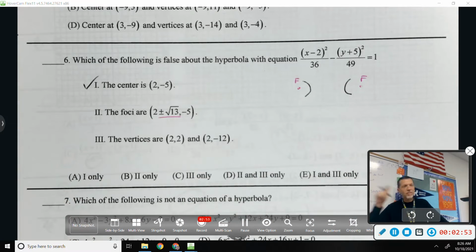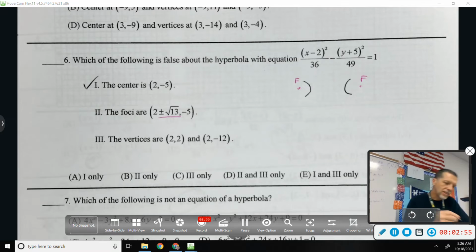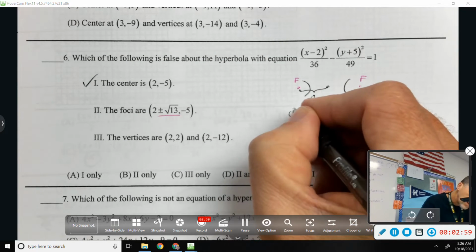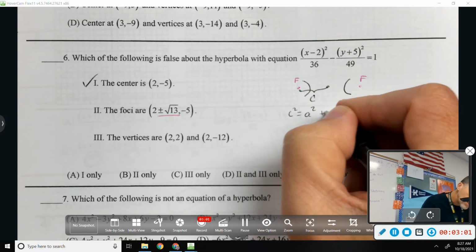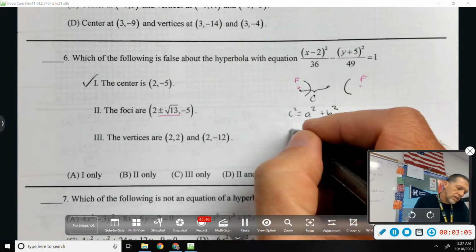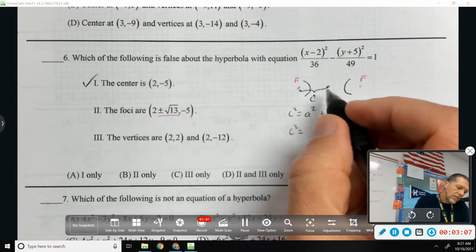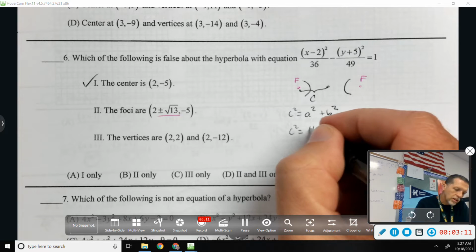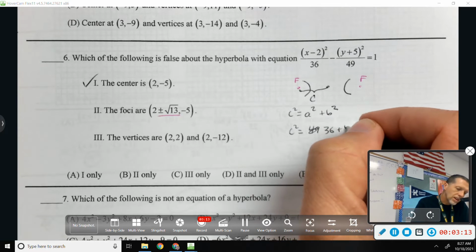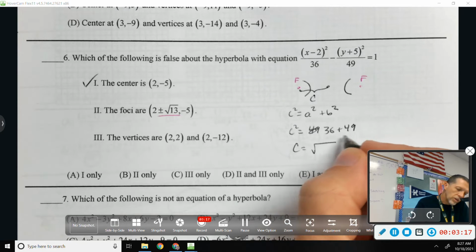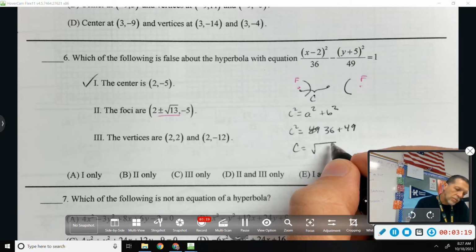I know it's going left and right, but that distance from the center is a squared plus b squared. So c squared is, it doesn't really matter who's a and who's b, 36 plus 49. Square root of, would that be 85?